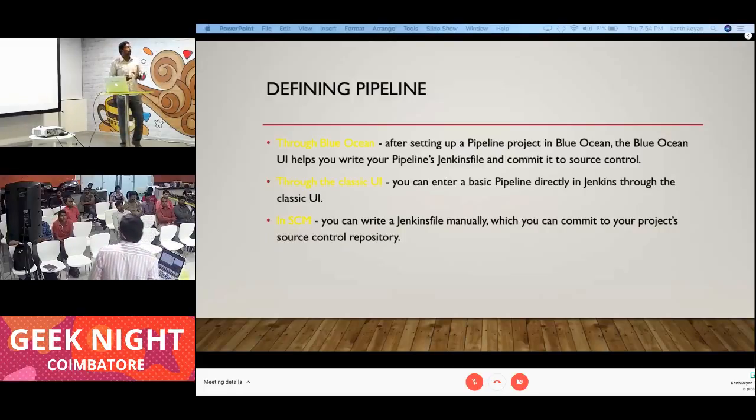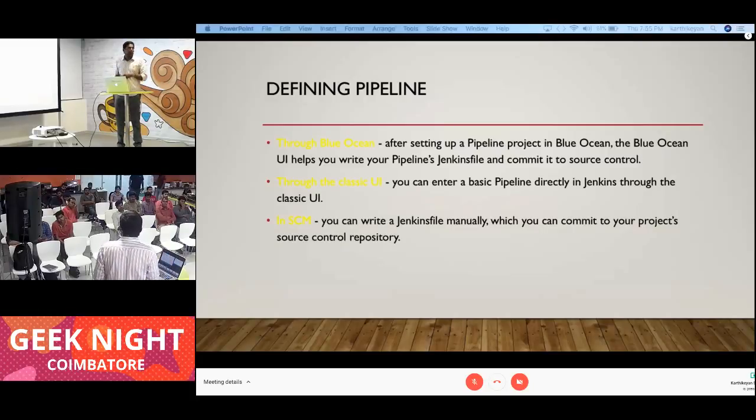Because in the typical world, sometimes developers don't care about what happens in the production system. They say it's a failure, and then they say, hey, it failed in Jenkins, but it works for me, right? But they should know what is happening as part of the build. Most of the time they don't worry about it because it's the responsibility of a build engineer or a DevOps engineer, right?